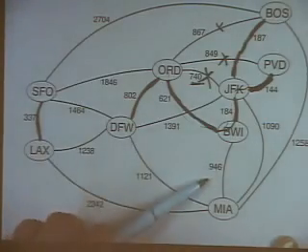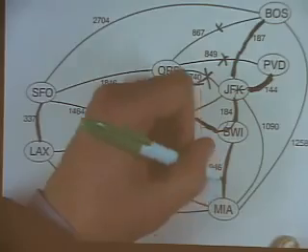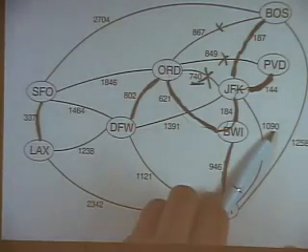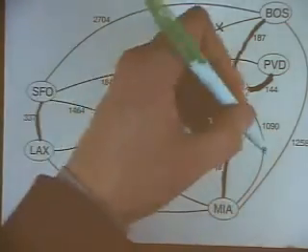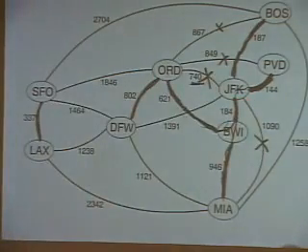And 946. Well, Miami hasn't connected to anybody yet, so let's put that in. 1090 would be next, but JFK is already connected to Miami through this path, so no, we don't add the 1090.